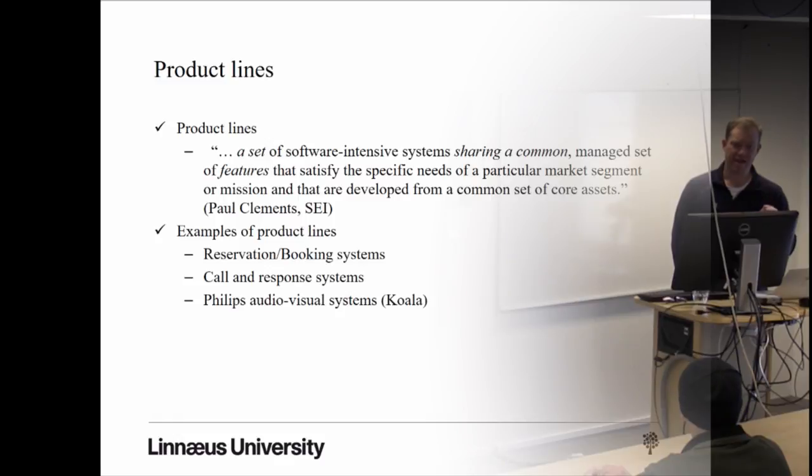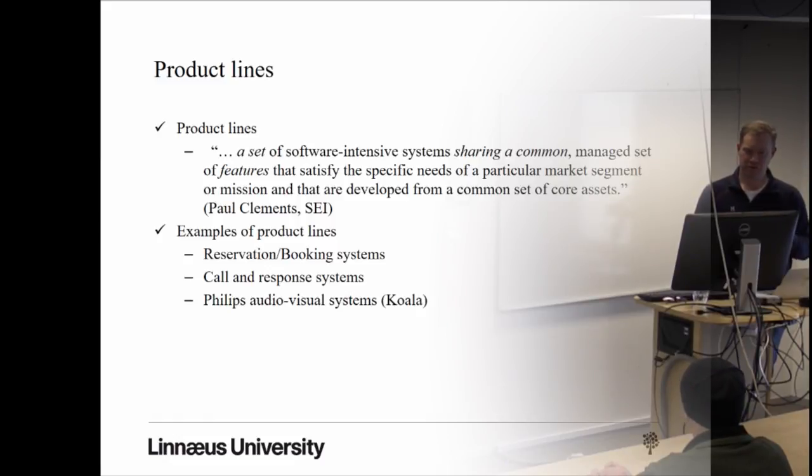A feature is some kind of behavior that satisfies the specific needs of a particular market segment or mission. This is like the horizontal, vertical discussion that we develop from a common set of core assets. It's not just a product line, it's actually a software product line.